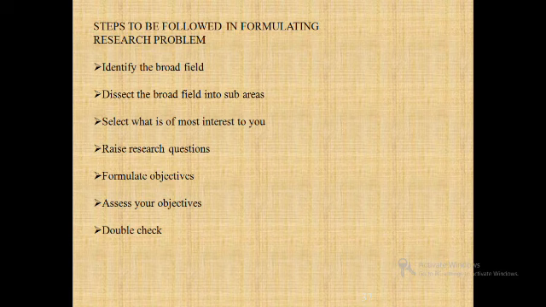Then, from this dissection, the researcher needs to select the most interesting topic. Then he needs to raise the questions relating to the research, and then on that basis he needs to formulate various objectives which he has in his mind to pursue or to achieve while doing his research. Then he needs to assess the objectives and get them verified or double check them.